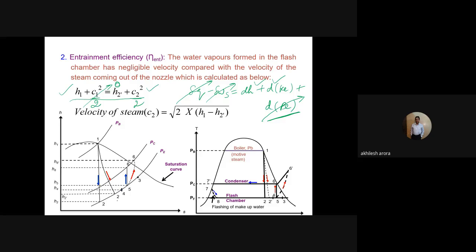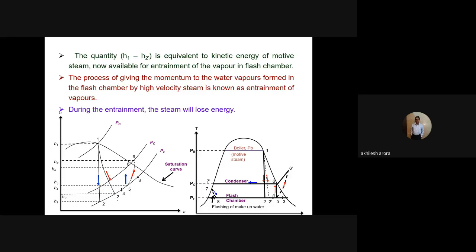If I have to calculate this value c2, it will be equal to the square root of 2 times (h1 minus h2 dash). This is how you calculate the velocity of the steam. We have just calculated the velocity of the steam, not the entrainment efficiency. Entrainment efficiency will come next.